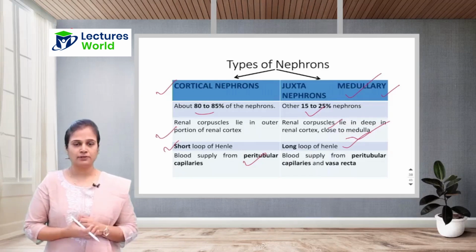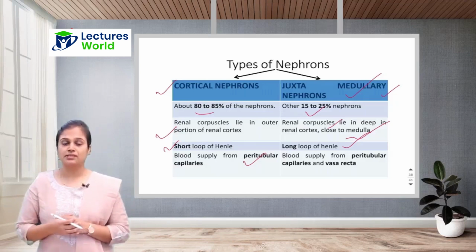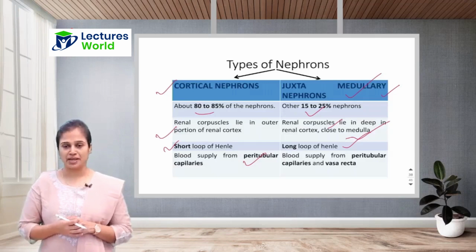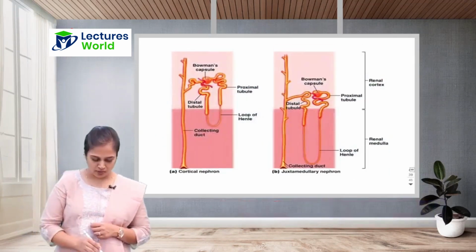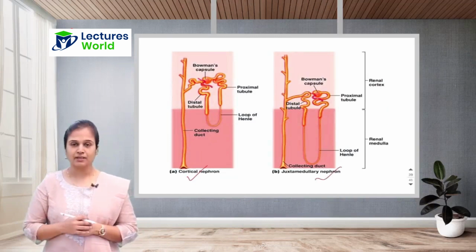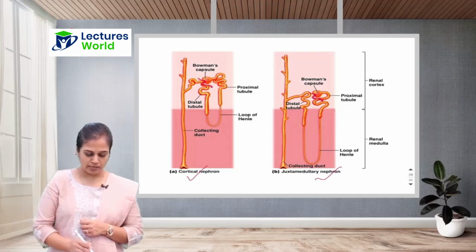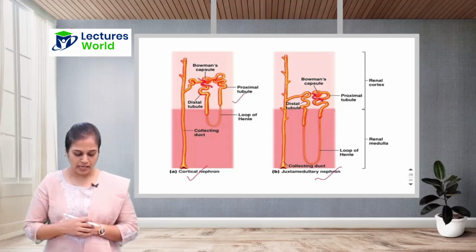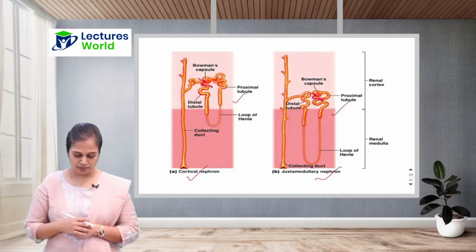Cortical nephrons receive blood from the peritubular capillaries, whereas juxtamedullary nephrons receive blood from the peritubular capillaries and the vasa recta. In the image, these are the cortical nephrons and these are the juxtamedullary nephrons. Most of the cortical nephron lies in the renal cortex, and the juxtamedullary nephron lies near the medulla of the renal.